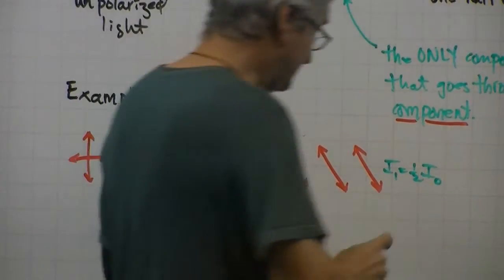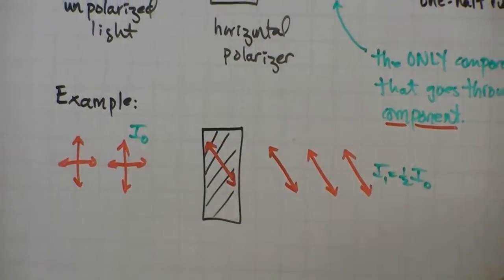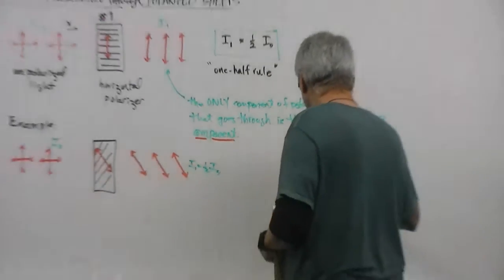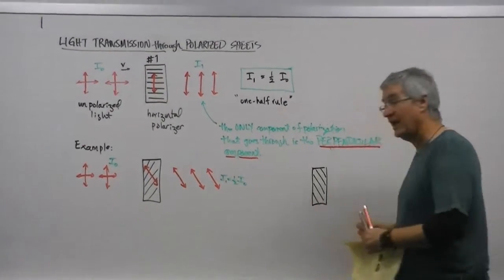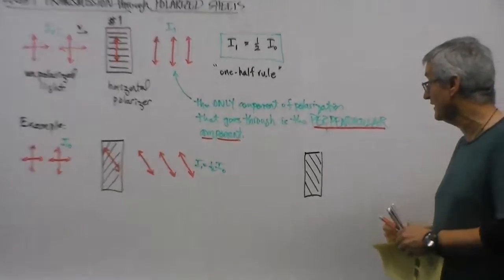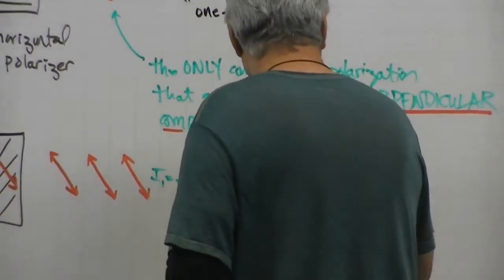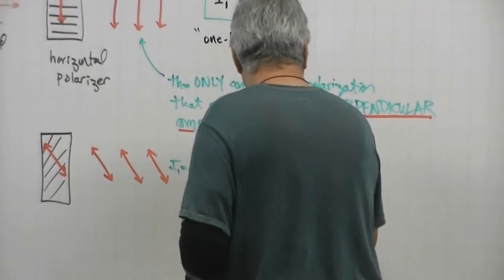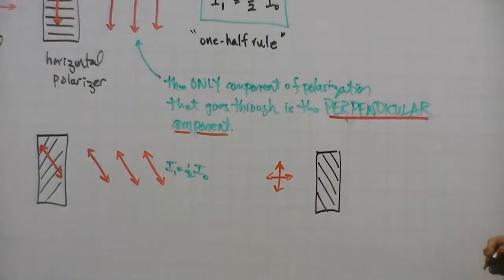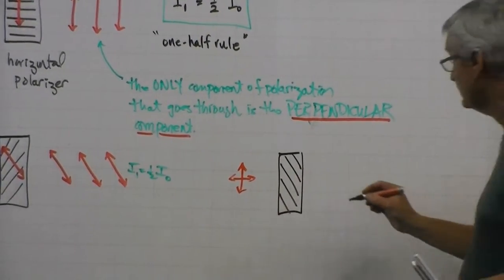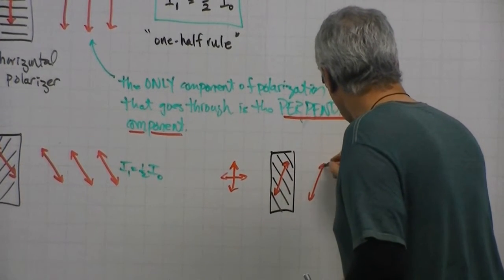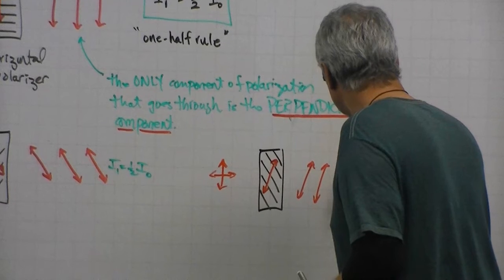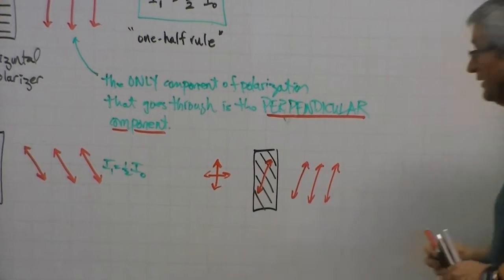And I can actually switch it the other direction. And if I switch it the other direction, and I send in unpolarized light again, you could imagine that if this is the incident polarization here, then the direction of the component that's going to survive the polarizer angles in the opposite direction of what we just did right here.